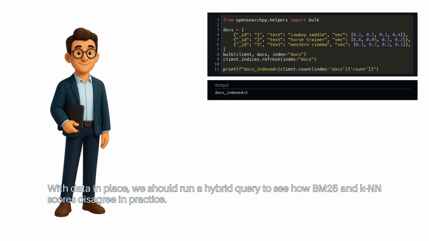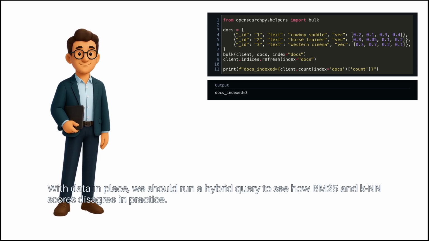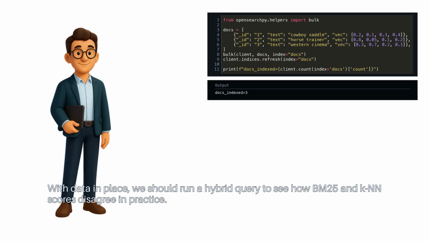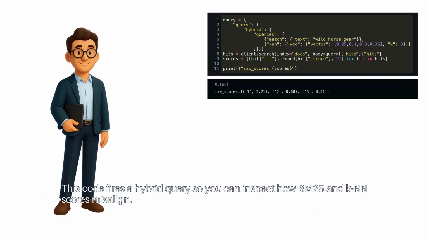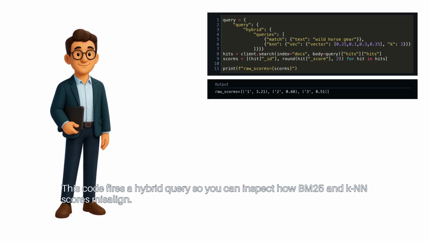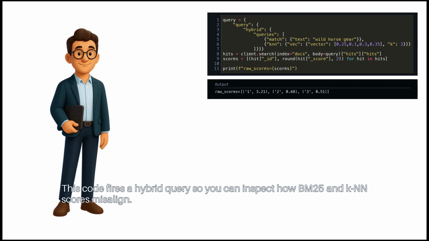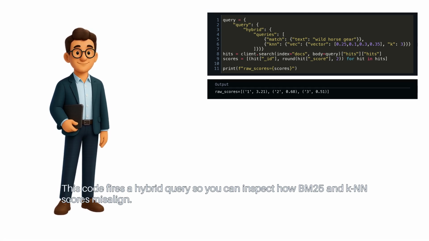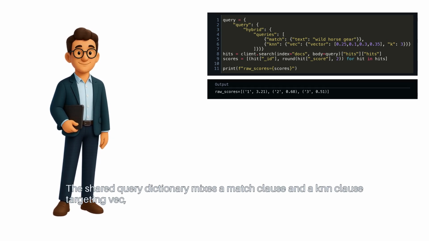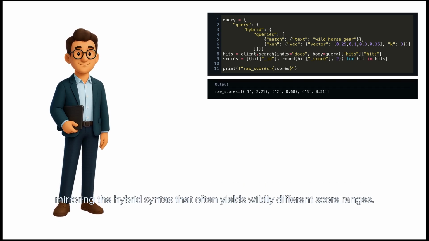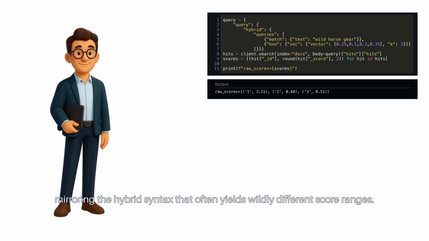With data in place, we should run a hybrid query to see how BM25 and KNN scores disagree in practice. This code fires a hybrid query so you can inspect how BM25 and KNN scores misalign. The shared query dictionary mixes a match clause and a KNN clause targeting vec, mirroring the hybrid syntax that often yields wildly different score ranges.